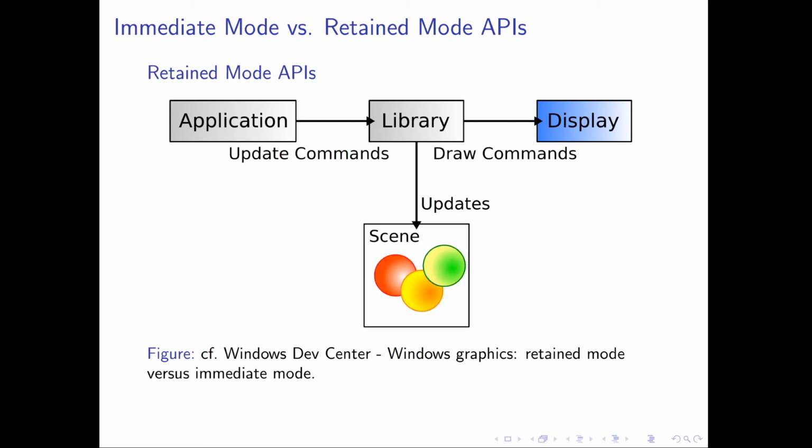On the other hand, we have the graphics API that understands the scene, maybe also the hierarchy underlying the scene, understands the scene as a set of entities, and also understands update commands to those entities and translates that into draw commands.